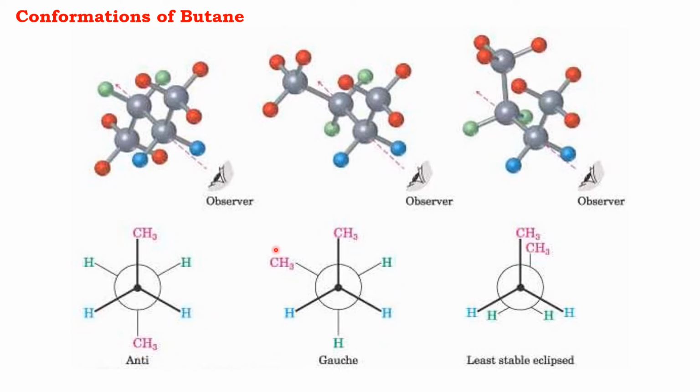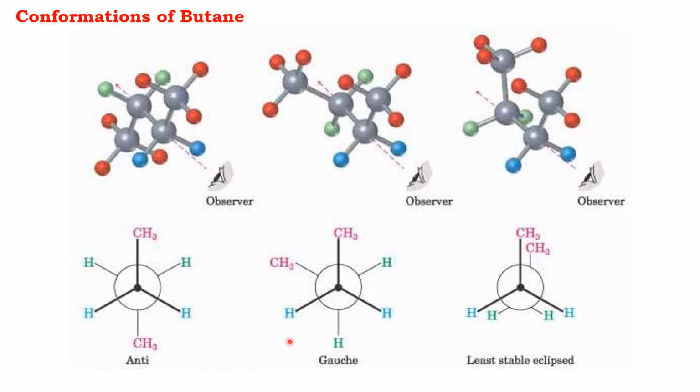Now move to the next one, the gauche conformation. See here, the observer is seeing in that particular plane, the C2, C3 plane. When he is viewing the molecule through the C2, C3 plane, the first methyl group is above the plane, while the second methyl group is perpendicular to this particular plane. Or we could say the distance between the carbon atom of this methyl group and this methyl group is less compared to the anti form.